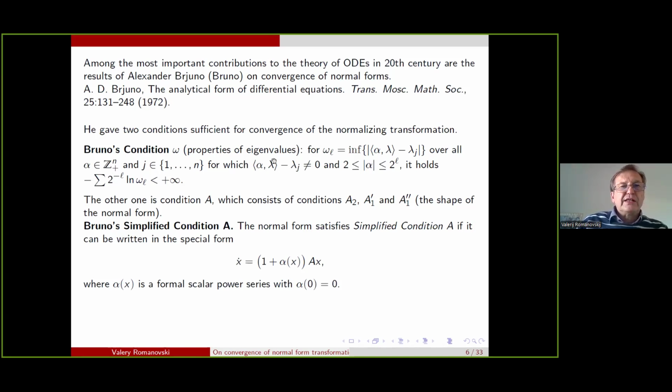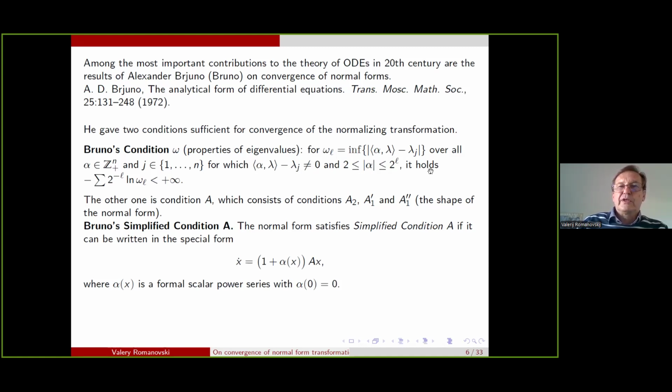So the first condition is the so-called Bruno's condition omega, which is a property of eigenvalues. For this condition, we define this number omega(L) as the infimum of these numbers over all alpha for which this is not equal to 0.